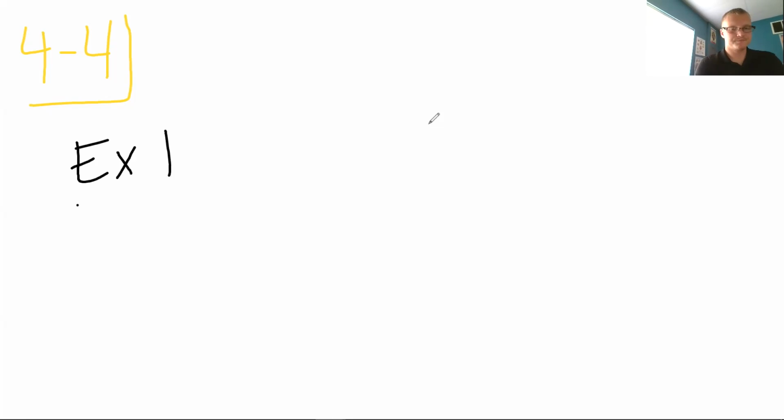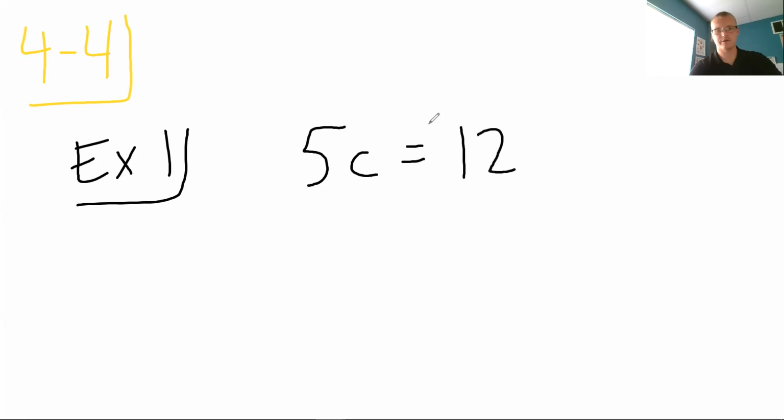Example 1. So we have 5c equals 120. Okay. So where am I going to start here, Logan? Yeah, because right here, what this is saying is 5 times c equals 120.